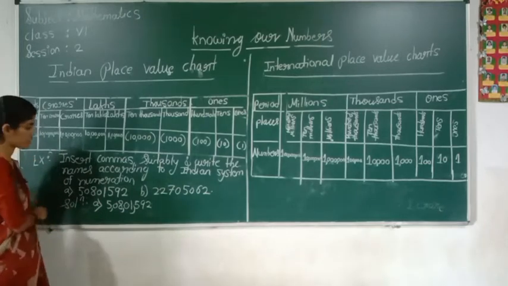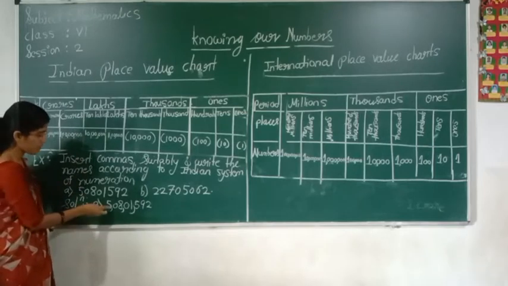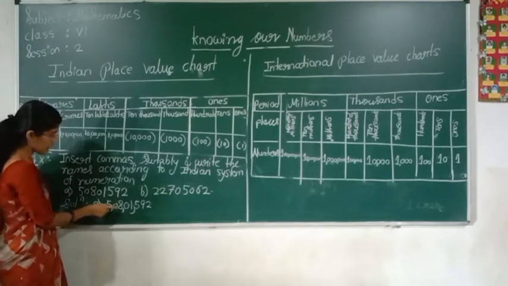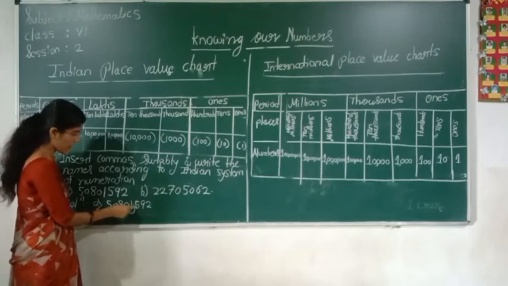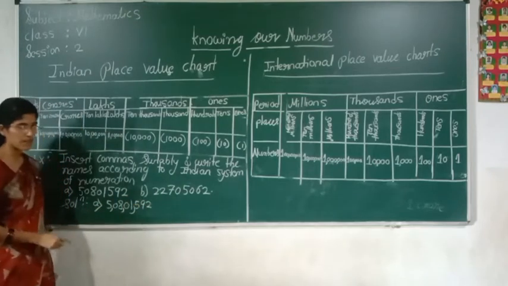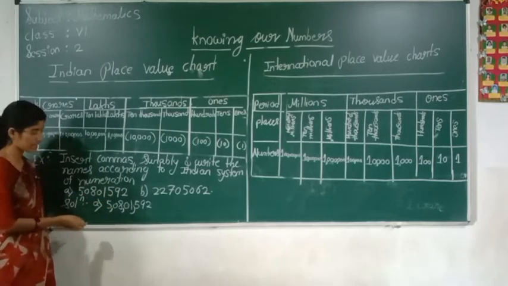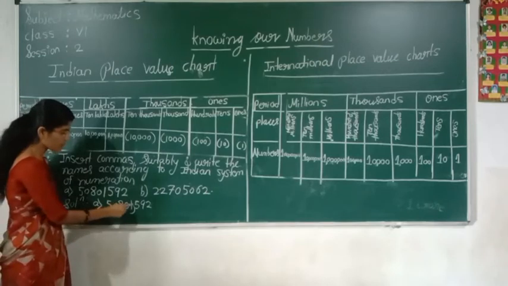See, Indian place value chart. When a comma is there, we have to take the name of the family. It is 5 crores 8 lakhs 1,592. I will tell once again: you have to remove the comma and tell the family name. 5 crores 8 lakhs 1,592.